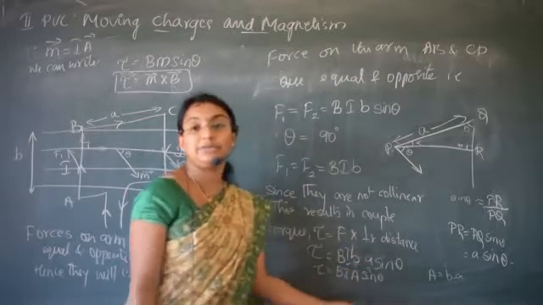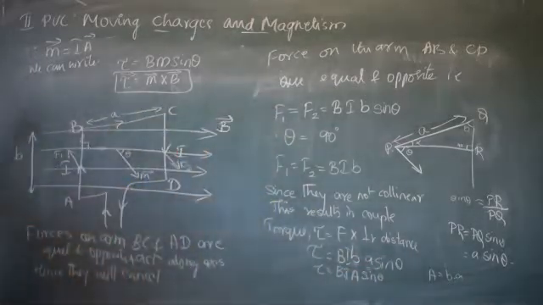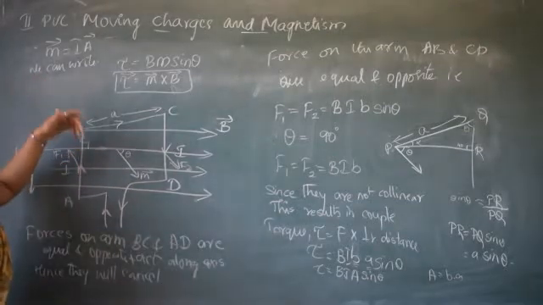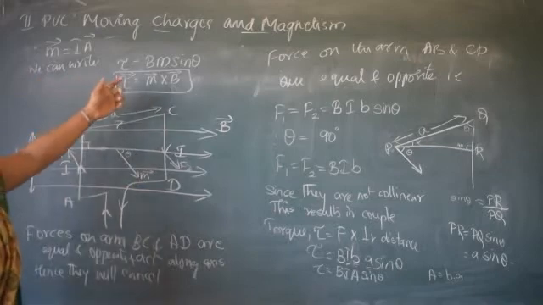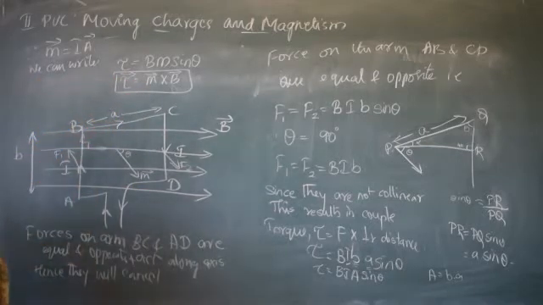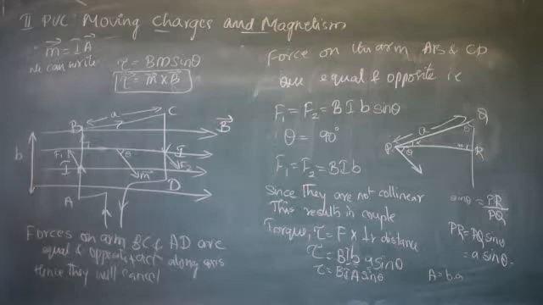But I into A is nothing but magnetic moment, therefore I can write magnetic moment M is equal to I into A vector. So I can write tau is equal to MB sin theta, or in vector form, tau vector is equal to M cross B vector. This is the expression for the torque acting on the rectangular coil carrying current placed in the uniform magnetic field.